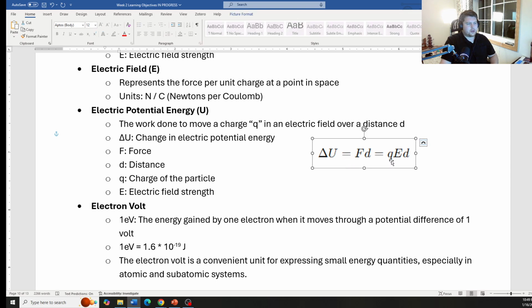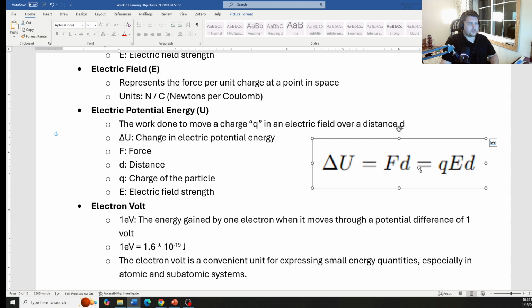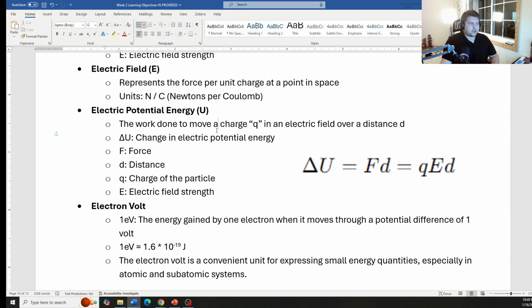Jumping into what I think starts to get a little bit more confusing, we talk about electric potential energy. This is referred to as the work done to move a charge, q. So remember, work is the force times a displacement. When we're talking about a charge, we're talking about some type of charged particle, be that an electron or a proton, within an electric field over a specific distance d.